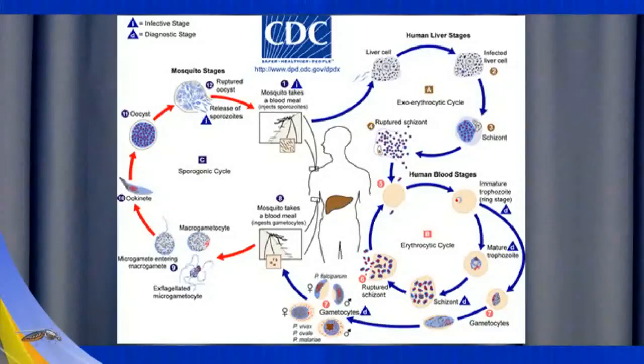After reproducing in the liver, parasite reproduction moves to the red blood cells, represented as the erythrocytic cycle B in the diagram. This red blood cell stage gives all of the clinical symptoms of malaria. Here, tissue merozoites, the motile, highly infective form of the parasites, invade red cells and start reproducing in the red blood cells.